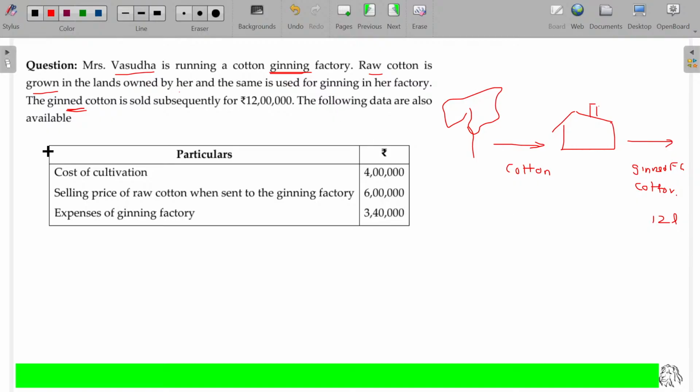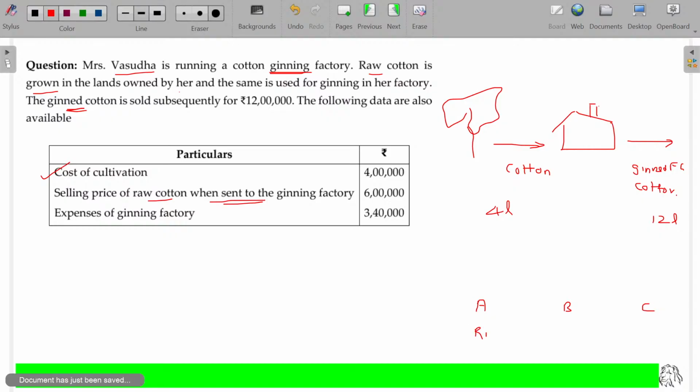The following data are also available. Cost of cultivation 4 lakhs. And selling price of raw cotton when sent to the ginning factory: if it is sold outside rather than transported to the ginning factory, it can be sold for 6 lakhs. For example, assume A, B, customer.